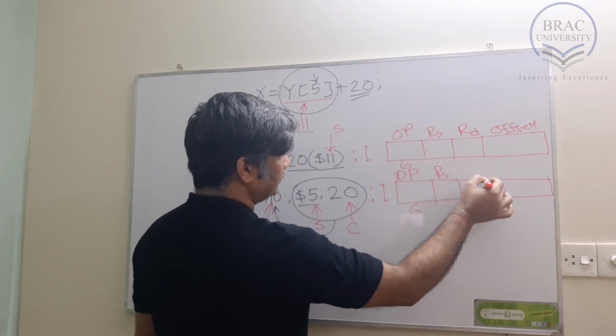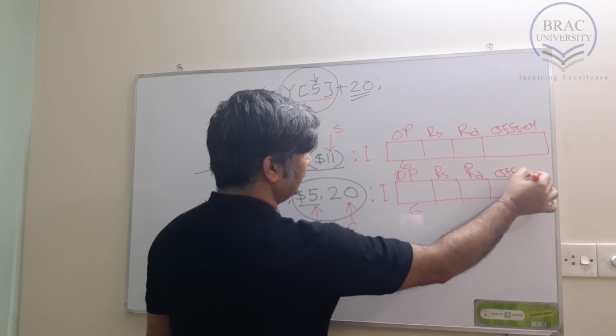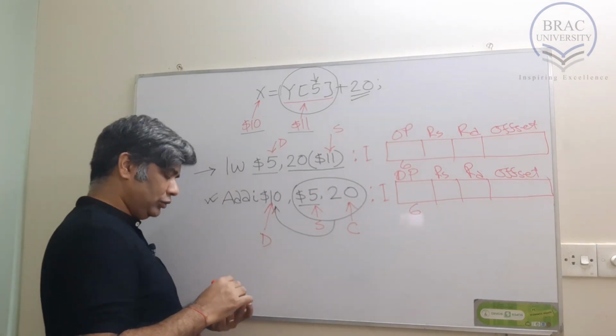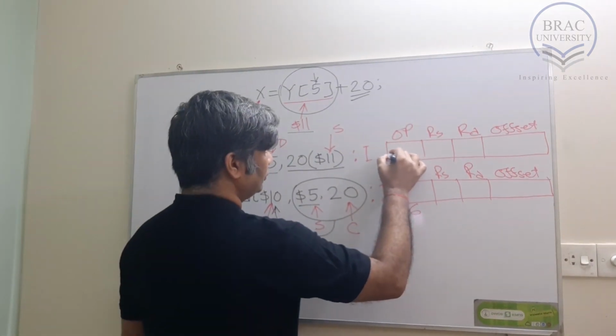Again RS, RD, offset. Now, what is our opcode? As I said, we do not have to be worried about the opcode. So let's just give 6 crosses here.